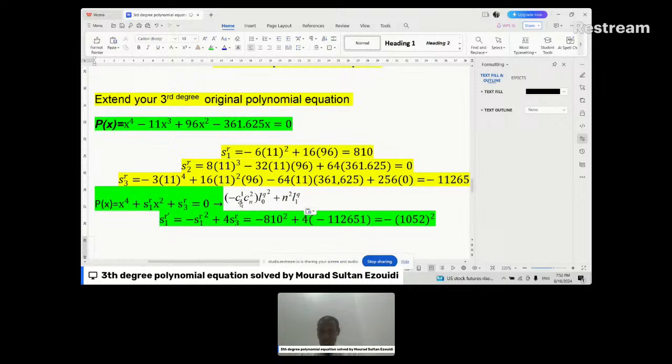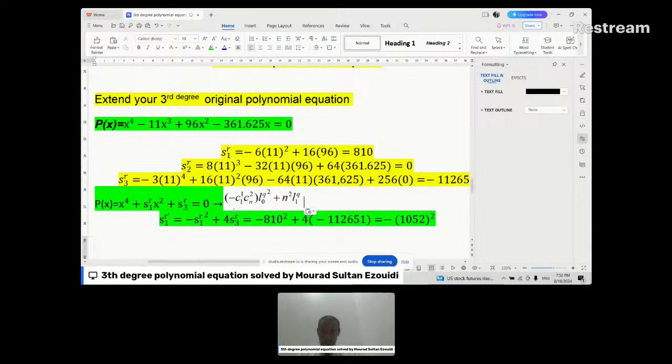So it will be negative, combination 1 choose 1, combination n choose 2. The n is now 2 because you are working with a second degree equation when putting u equal x squared.